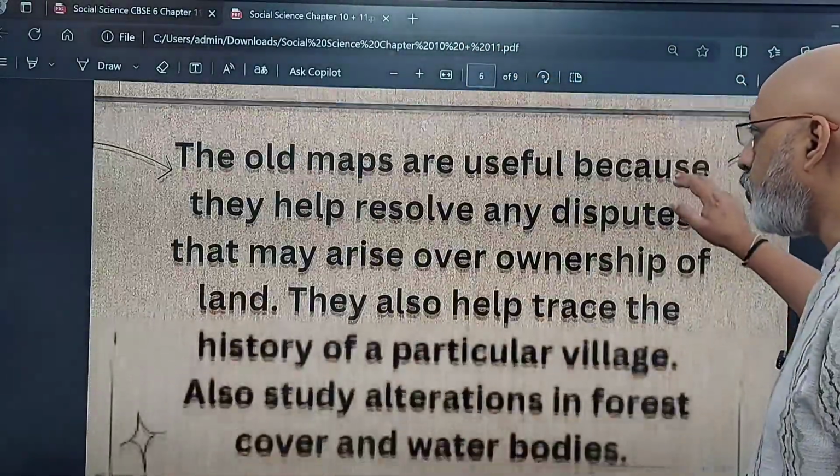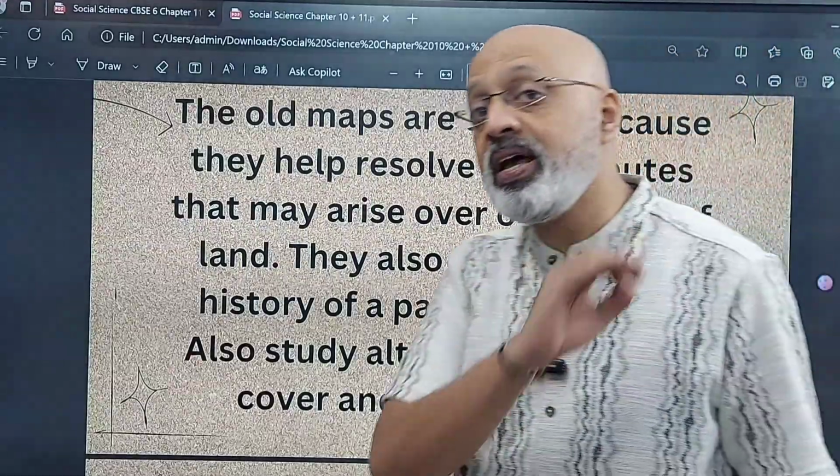Okay. Now वो क्वेश्चन पूछा गया था कि old maps को किस लिए यूज किया जाता है?